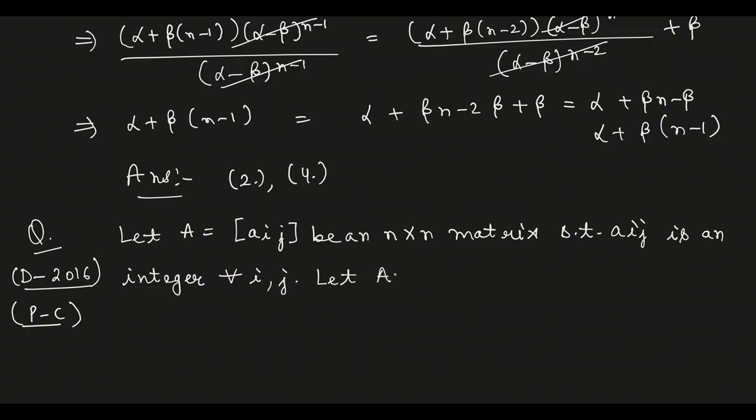Let AB = I with B = (Bij), where I is the identity matrix.